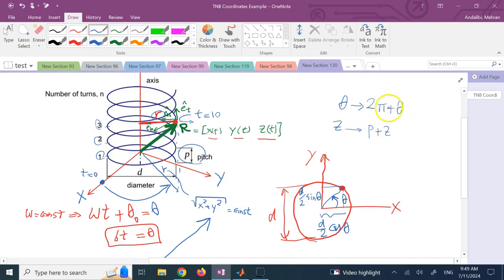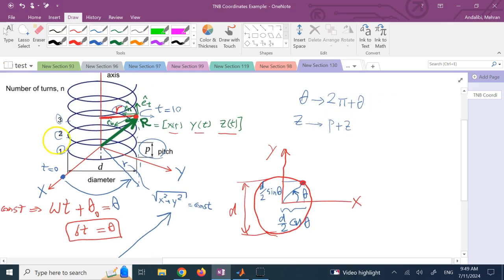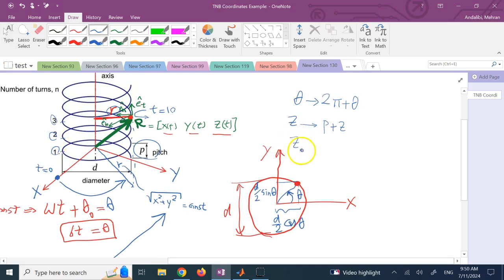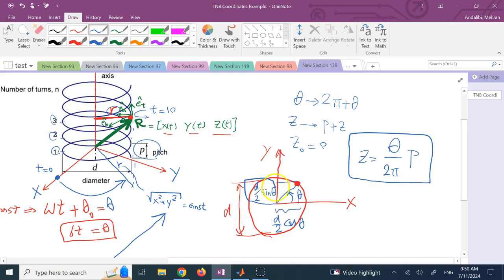If initial z is 0, then clearly your z is going to be initial z plus, you divide theta by 2 pi to get the number of turns, and multiply it by p. And clearly this theta is a function of time, so your z is also going to be a function of time.